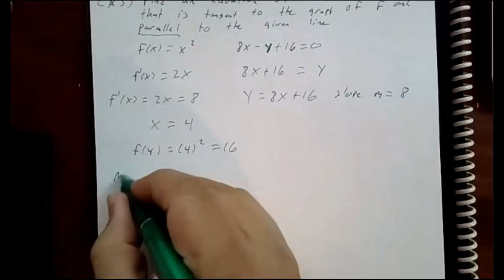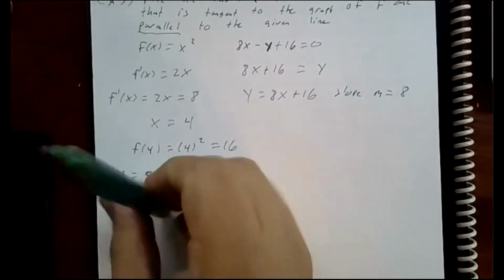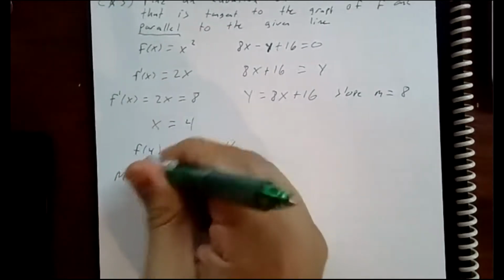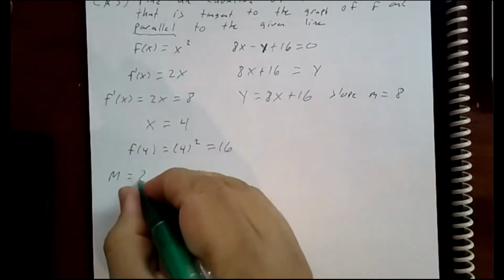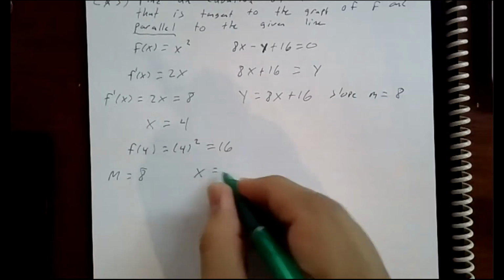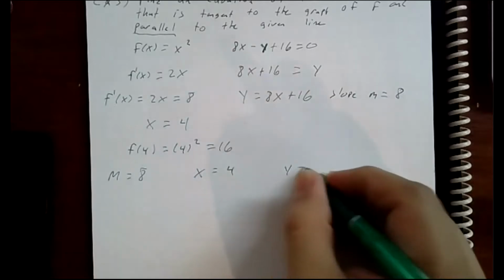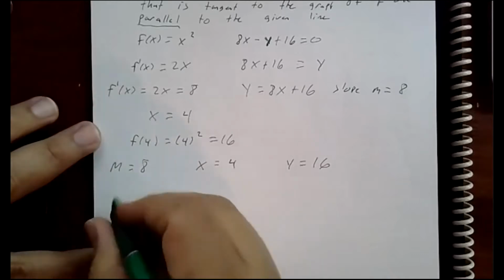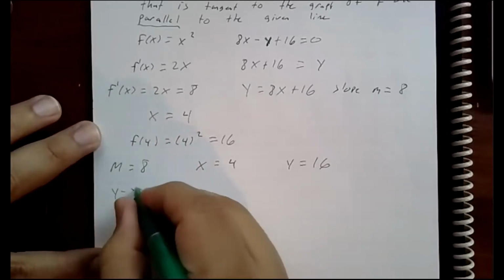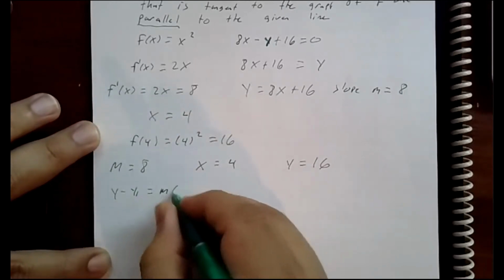So I have my m, which is 8. m is equal to 8. I have my x equal to 4. My y equal to 16. So now I can find the equation, right? y minus y1. I need those 3 pieces, and I got them.